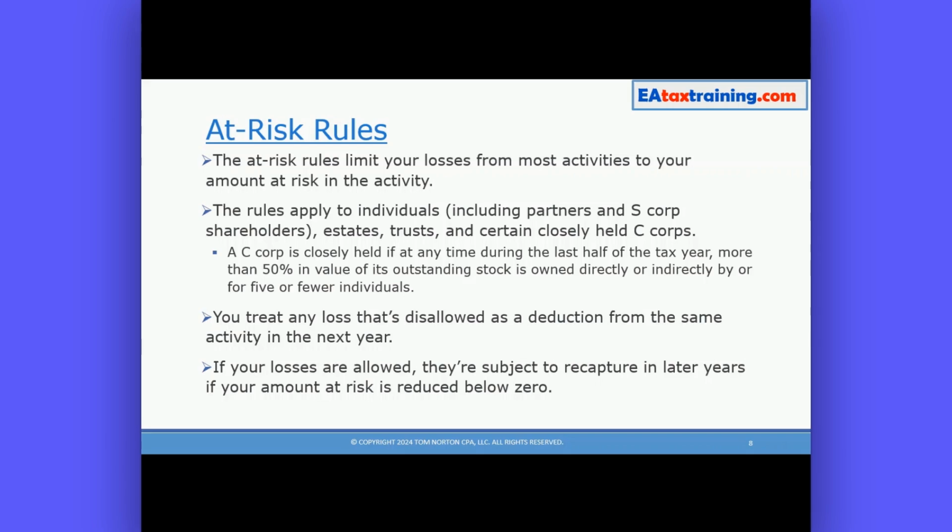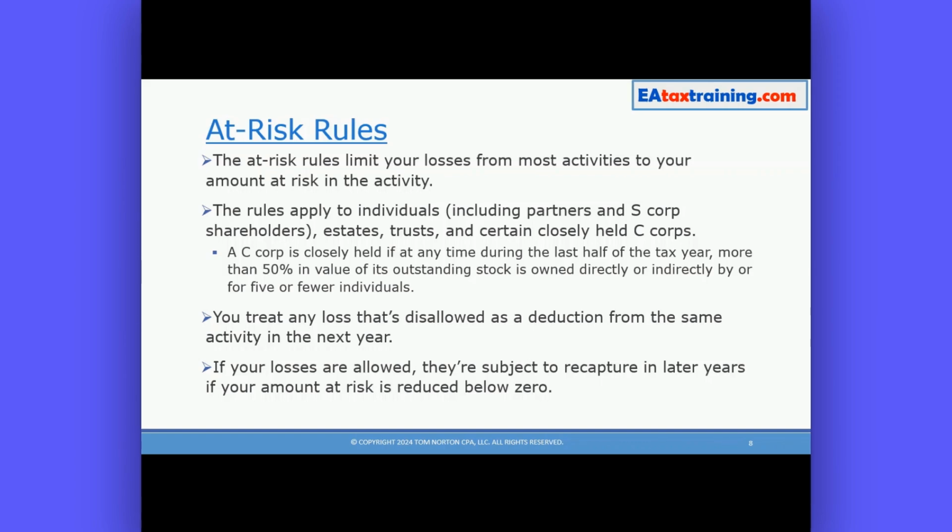If your losses are allowed, then they are subject to recapture in later years if your amount at risk is reduced below zero. So let's say this year you've got amounts at risk, and so you have a loss, and you take that loss, and that's perfectly fine. You can have that tax loss.